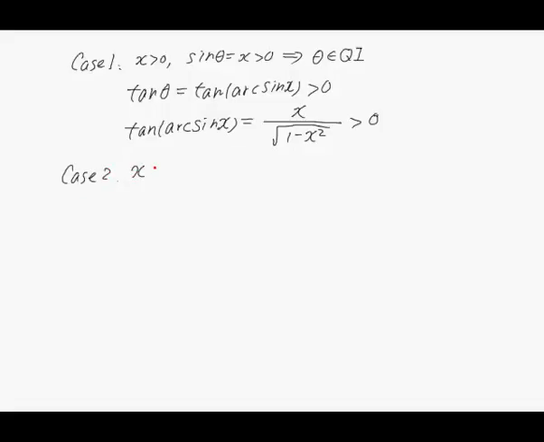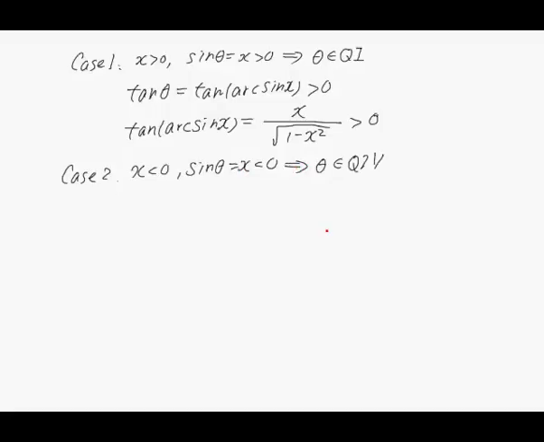When x is negative, that is to say sine theta equal to x is negative, and this just implies theta is in quadrant 4, right? We know theta is between negative half pi and half pi, so either in quadrant 1 or quadrant 4. Right now sine theta is negative, so theta must be in quadrant 4.